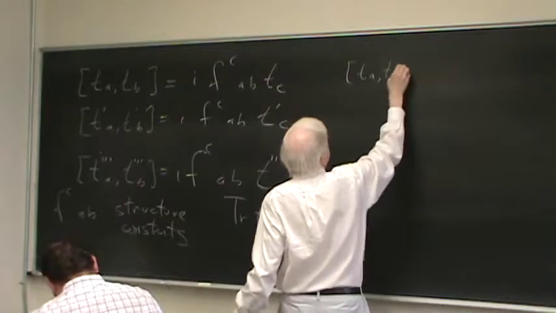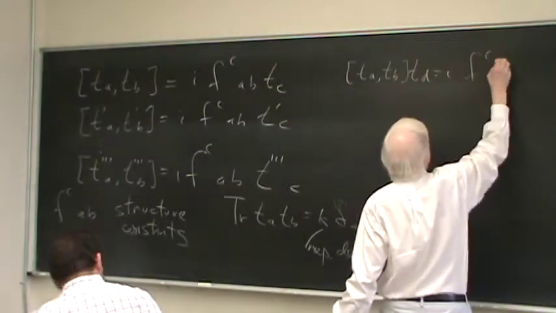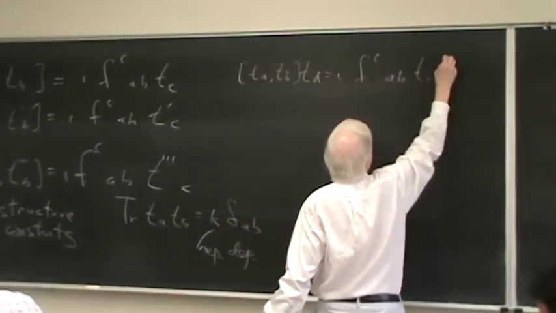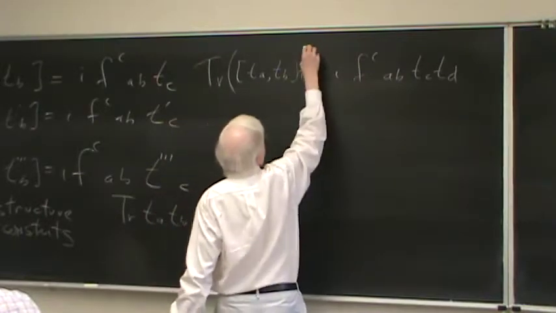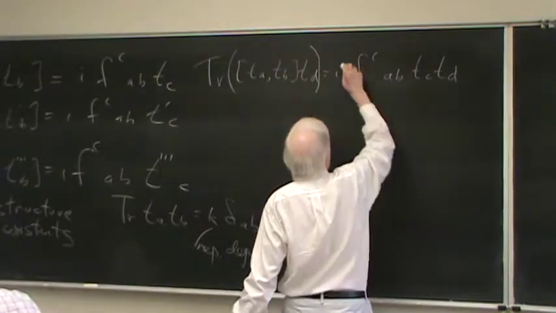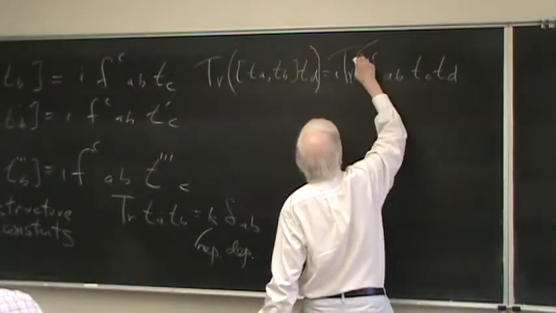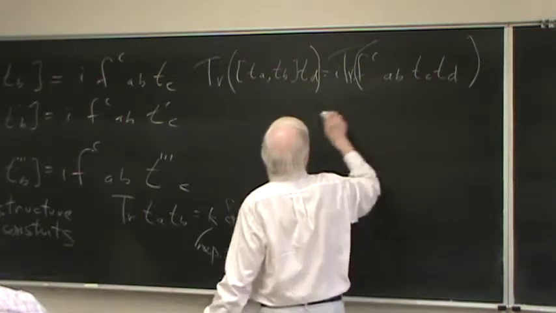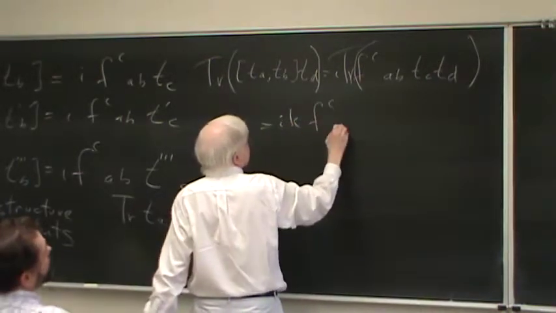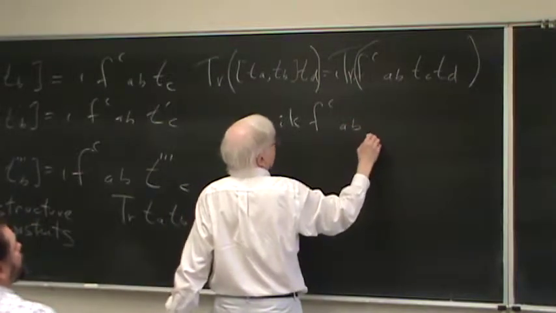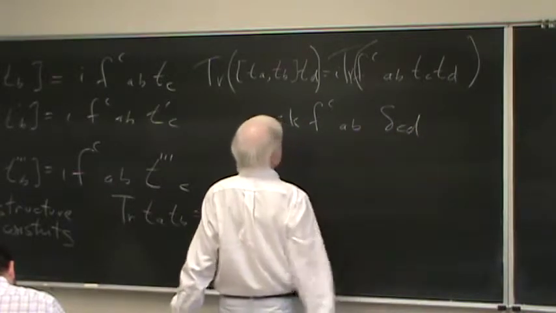[TA, TB] TD, say, is i F^C_AB TC TD. We take the trace, and this thing gives us i K F^C_AB, I'm sorry, F^C_AB, yes, delta CD.